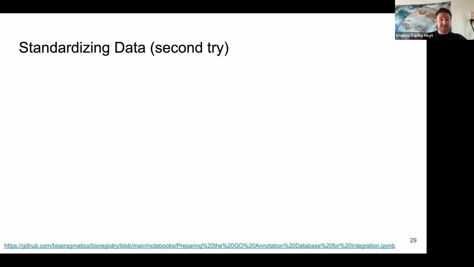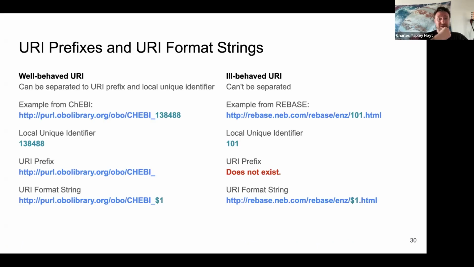It also deals with this other problem where URI prefixes actually aren't enough most of the time. We talked about OBO PURLs, where you have the beginning part and then the ending part is the local unique identifier. But it turns out there are lots of resources that don't have proper semantic URIs, which I think is what Chris Mungall calls them, where you have the right URI prefix and then the local unique identifier comes at the end.